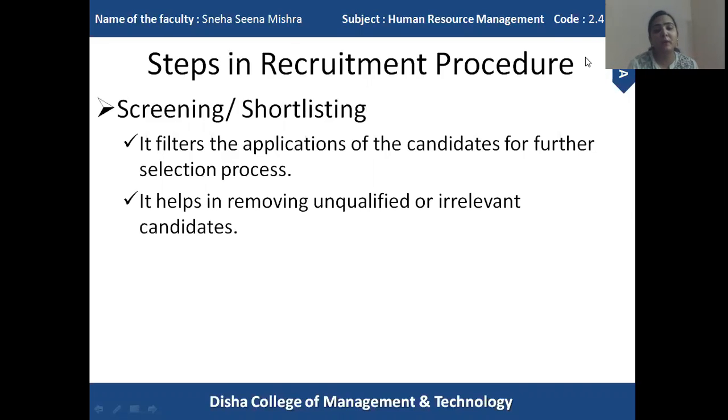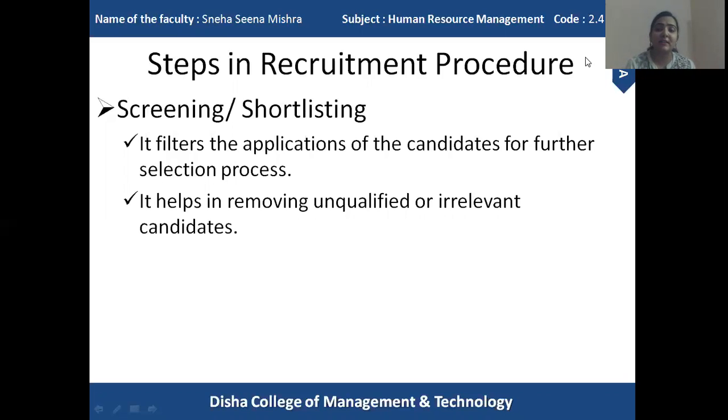So people who want to get a job in a particular company apply without even understanding the criteria, without understanding whether they are eligible or not.